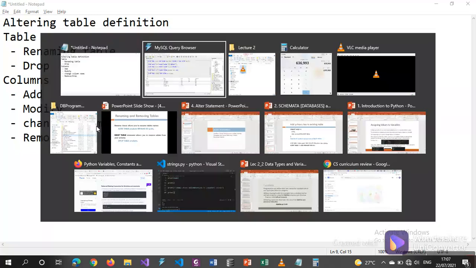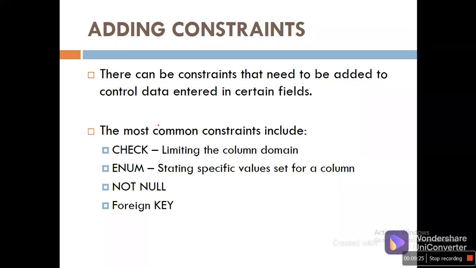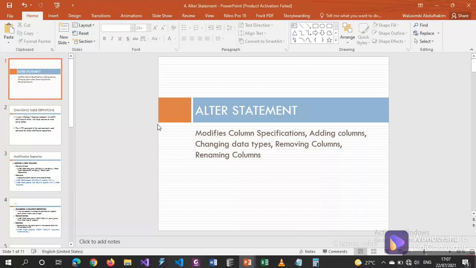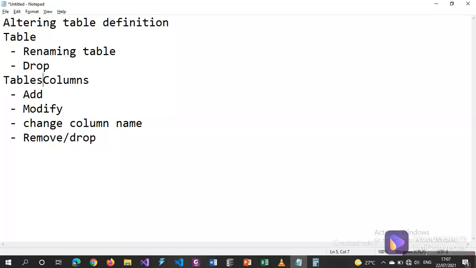So if you look at our slides, those are some of the changes. The last one is for constraint. Okay, let us look at the constraint one. So obviously these are our changes on table, and then table columns, and then column constraints.